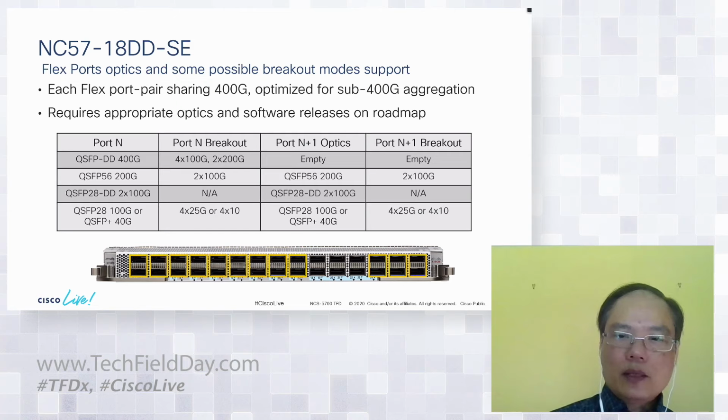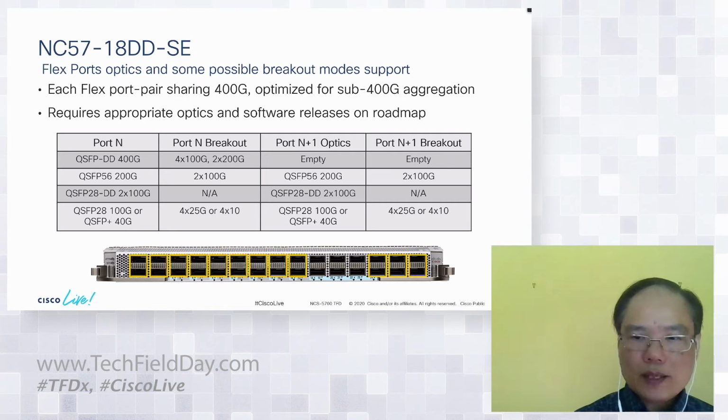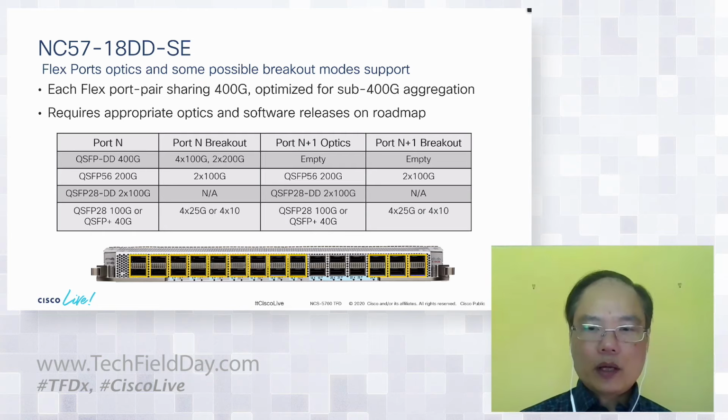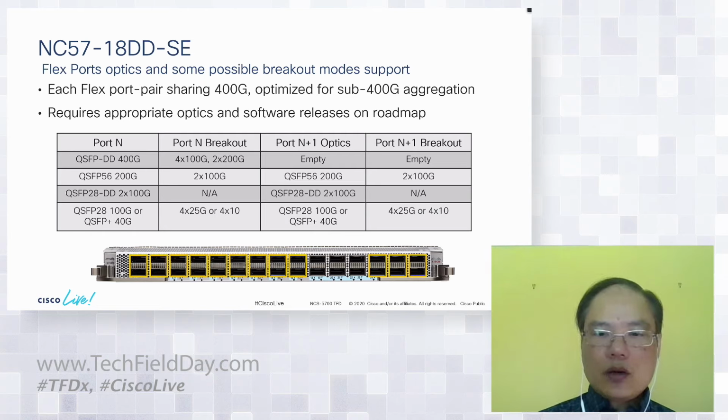Port N+1 can also be another QSFP28 or QSFP+ optics doing breakout. So in total, you could have up to 8 low-speed breakout ports on a single Jericho II interface. So as you can see, the 18DD LAN card gives you much more flexibility in terms of lower speed aggregation and breakout.